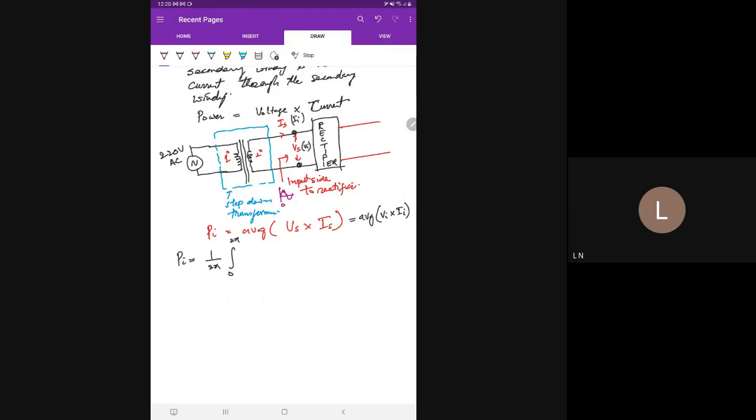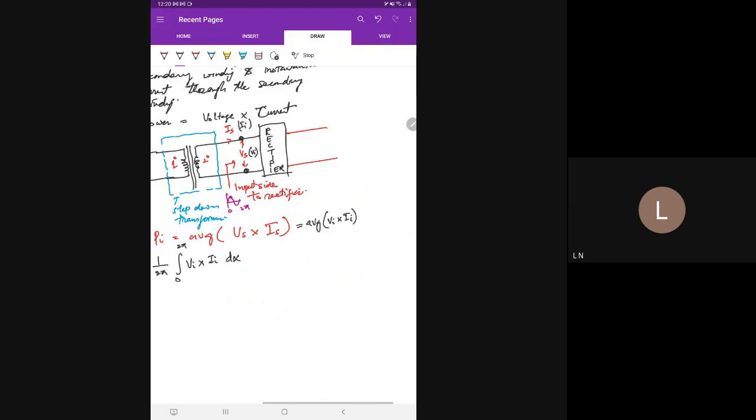So we are integrating from 0 to 2 pi, of V of I into I of I, d alpha.